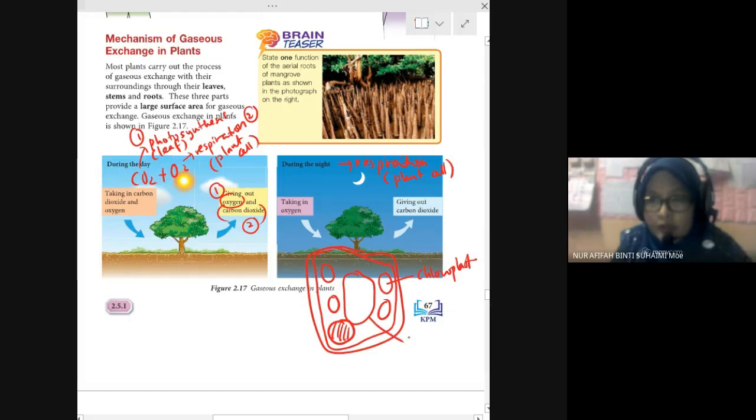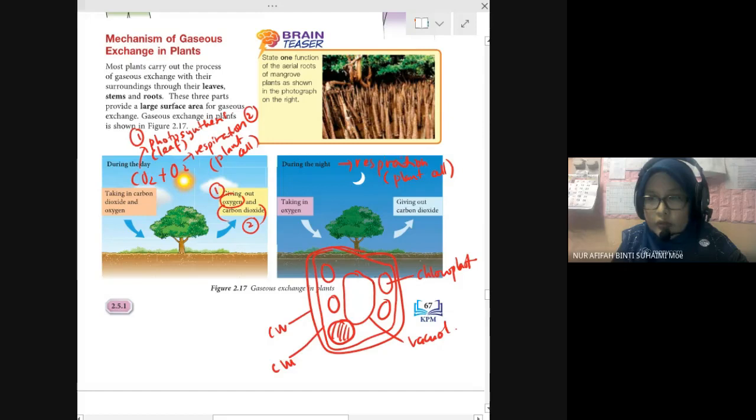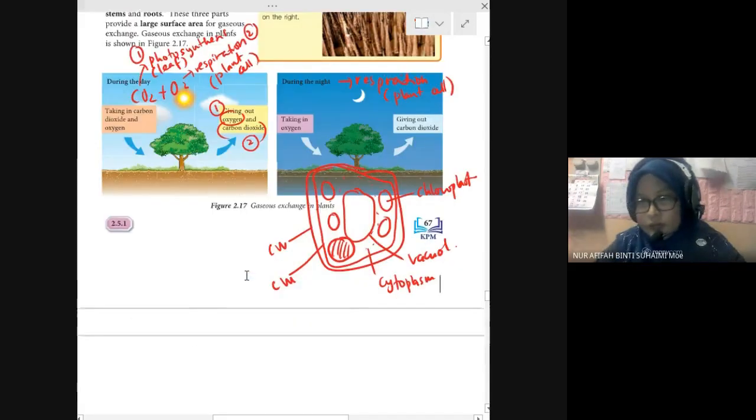This one is the vacuole. We have the cell wall, then the second layer, the cell membrane. We have the cytoplasm, the substance inside it. In this chapter, you need to make a comparison between plant cell and animal cell, right?